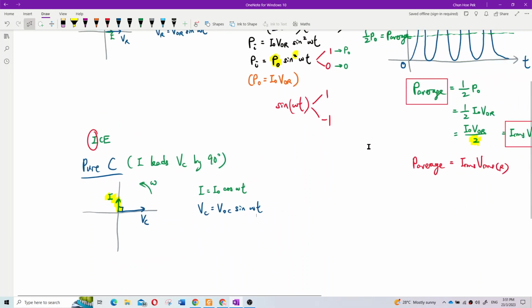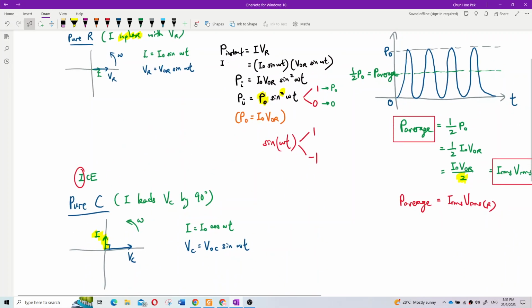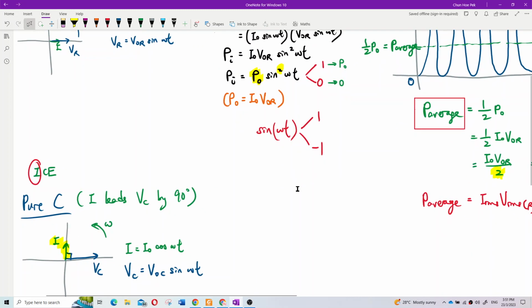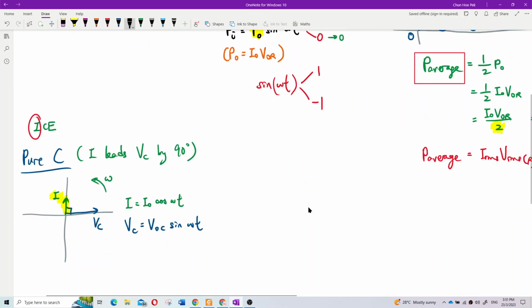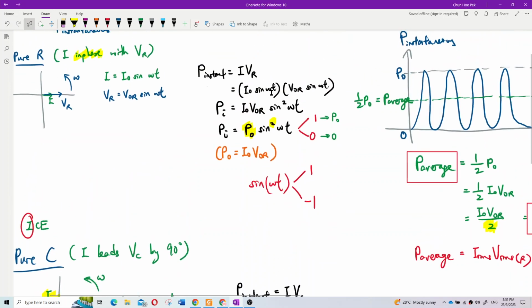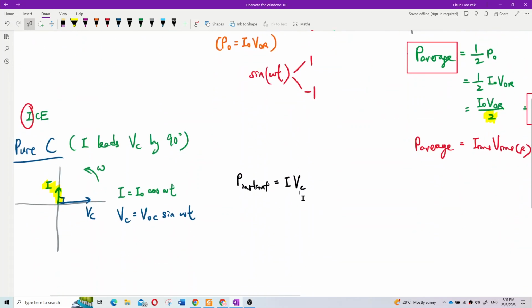So how to calculate the average power? No, instantaneous power first. First we look at instantaneous power. So instantaneous power, we just multiply. Use your mathematical prowess, your mathematical talent. So I times VC, like just now was I times VR, now I times VC because it is a pure capacitor.